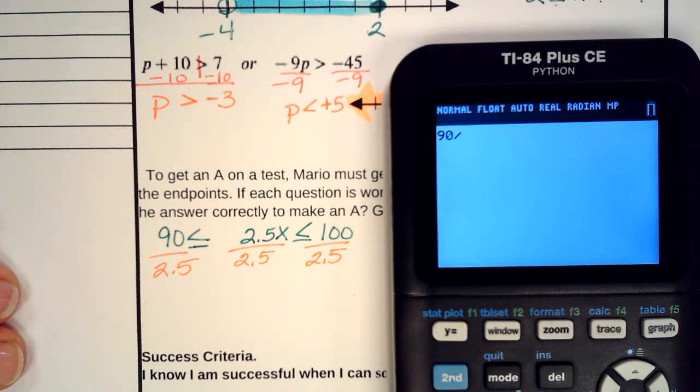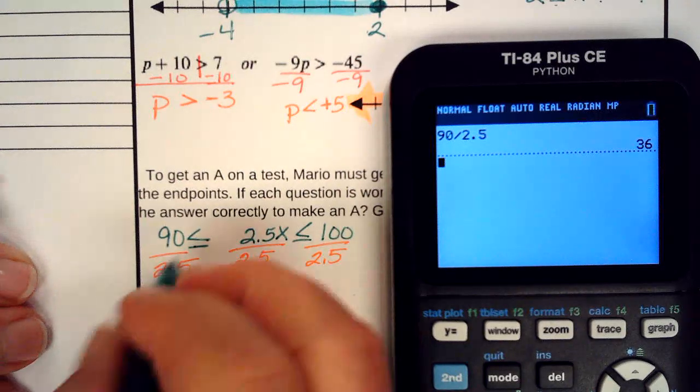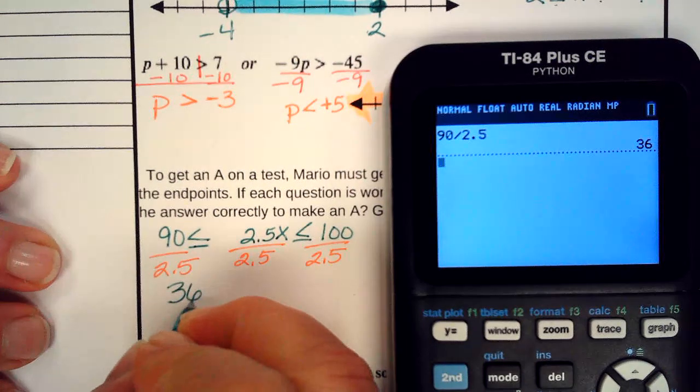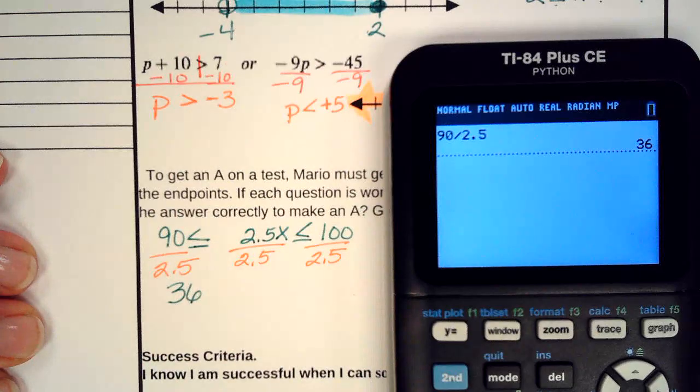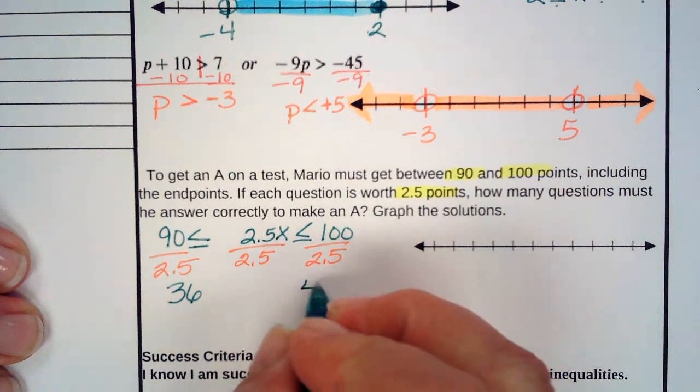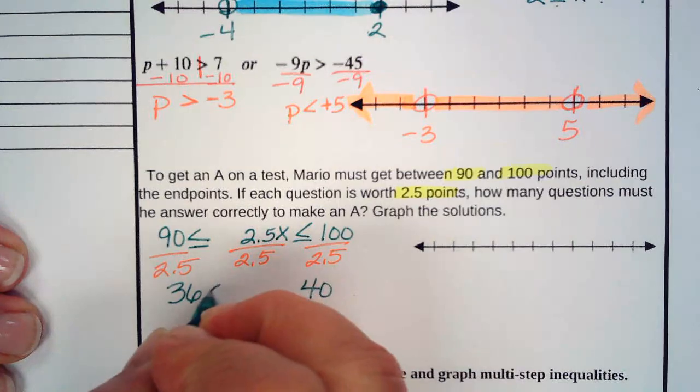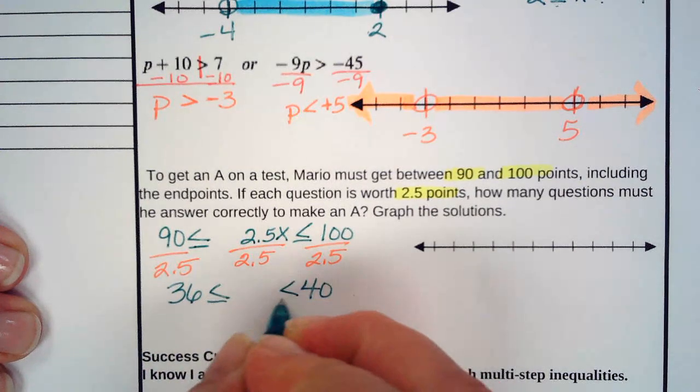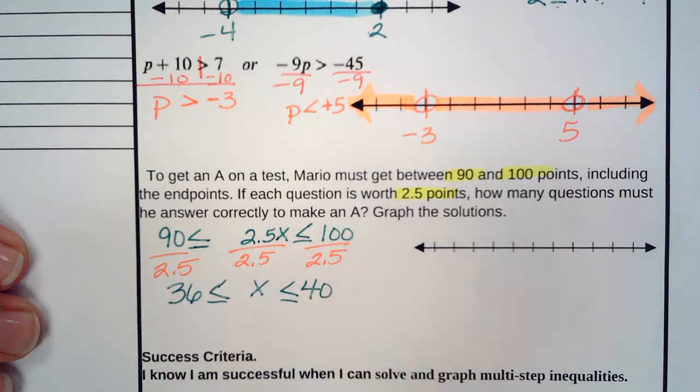90 divided by 2.5, and I get 36. 100 divided by 2.5, I get 40. It's less than or equal to, bring down my x.